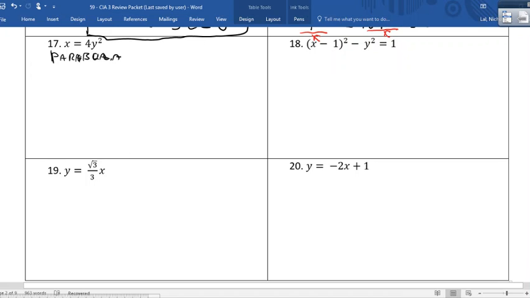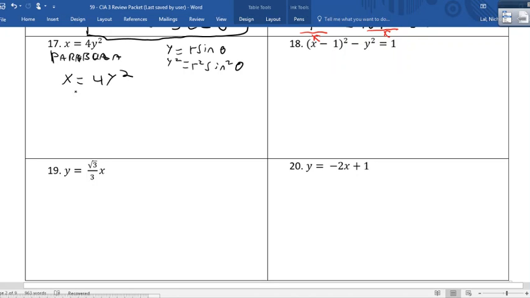cosine of theta, right? So if x is equal to 4y squared, x is equal to r times the cosine of theta, and if y is equal to r sine of theta, y squared can be written as r squared sine squared of theta.